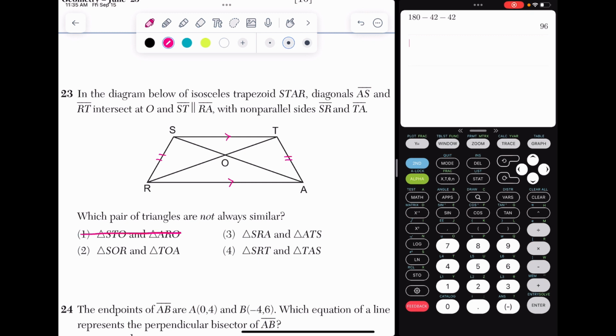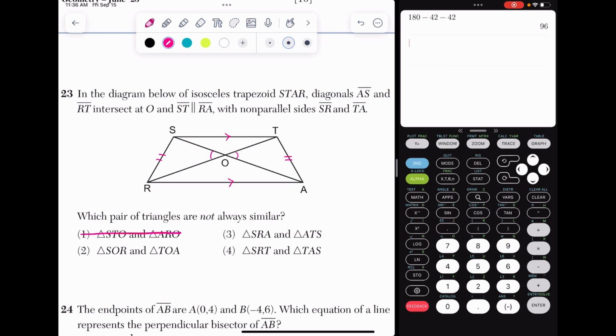Choice 2 is talking about triangle SOR and TOA. And we want to know again, do we know that these are similar triangles and how can we basically justify that? Okay. So for this question here, I know that these angles in those triangles, SOR and TOA, are vertical angles, and vertical angles are always congruent to one another.